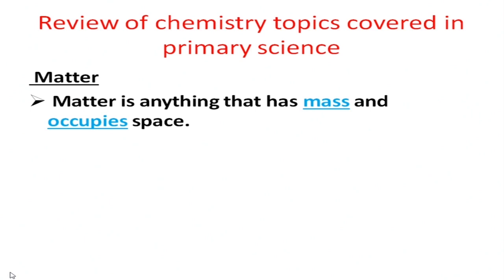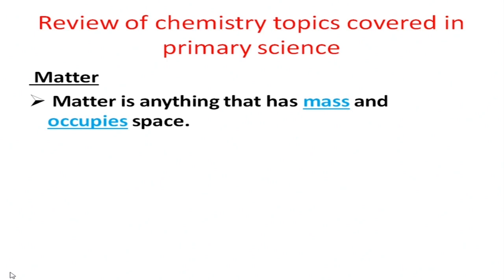In that definition, we have two keywords, mass and occupies. Mass means that any given material has some particles in it, and these particles are able to occupy or take up a space. So matter is anything that has mass and occupies space.